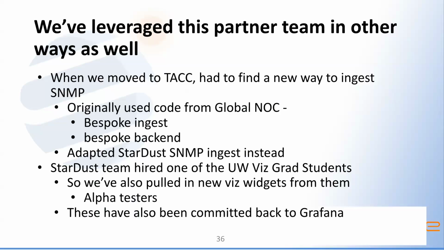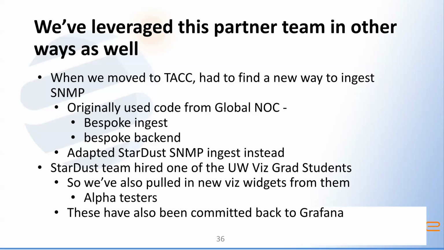We've leveraged them in other ways as well. So when I made the decision to come to TAC, and it was decided that the core development of Netsage would come with me, we needed to move away from the bespoke code that we had used from the global NOC, part of IU. So that's what we had been using for our SNMP data. They had been supporting our backend Elastic Stack with some internally focused pieces added to it.